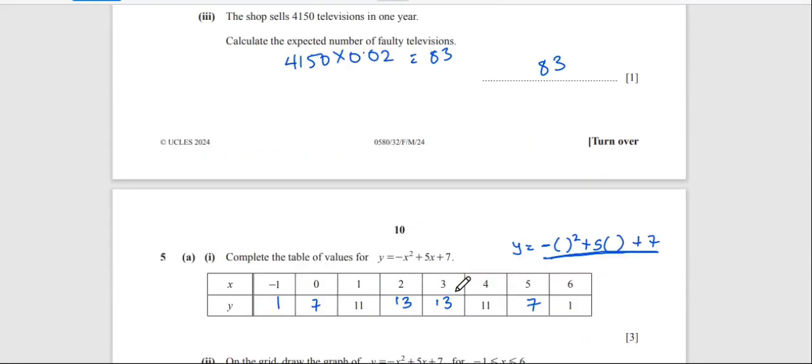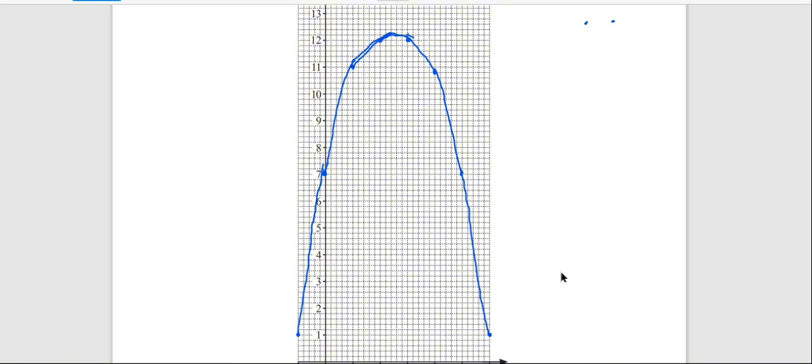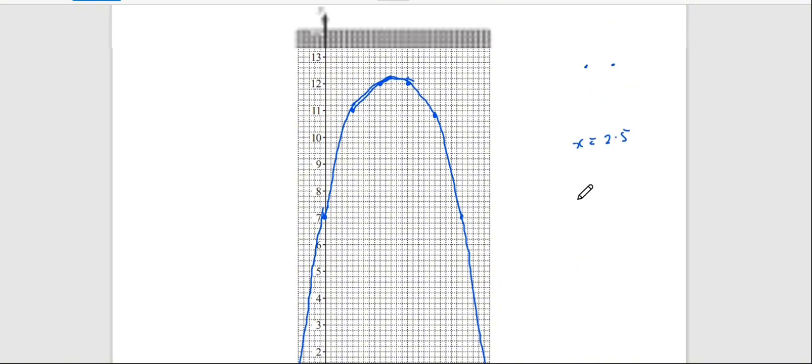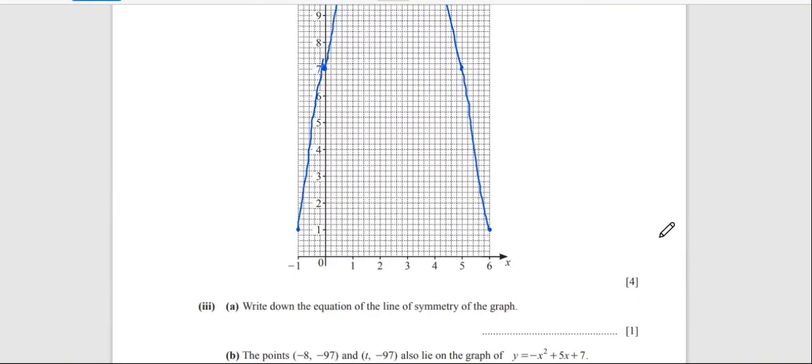So that will give us x equals 2.5. So the equation of the line of symmetry there is x equals 2.5, because it's between 2 and 3 that will give us the line of symmetry.